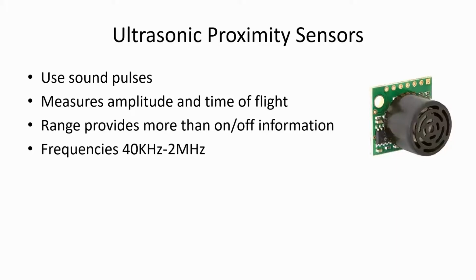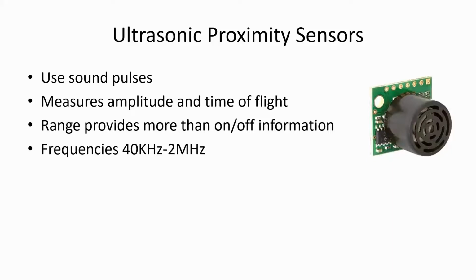By sensing the amplitude and the echo time of the sound pulse, it is measuring the obstacle or the distance. So it provides more information other than on or off.